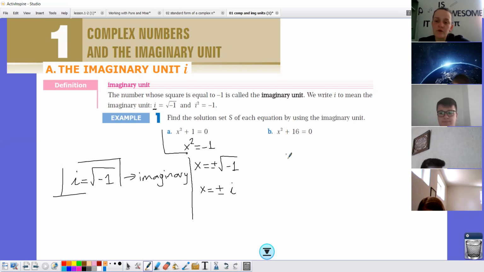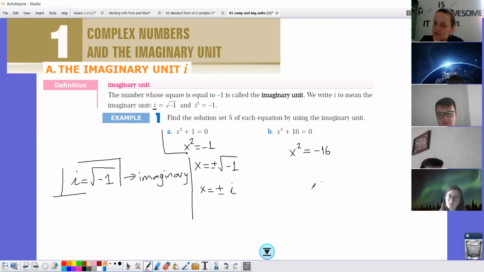And here in the second one, what will it be, Salman? x will be plus or minus 8. Firstly, -16, no, x squared will be -16. Yes. And then x will be plus or minus root of -16. Now, what will we say about root of -16?